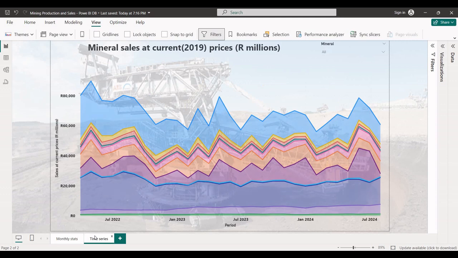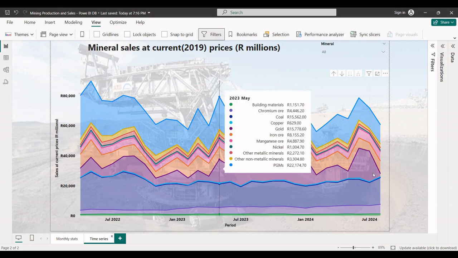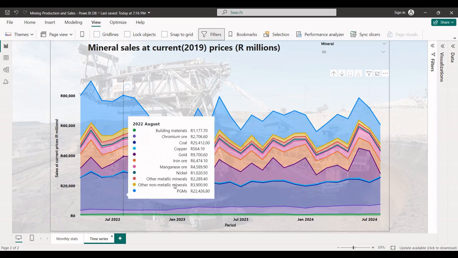Going on to the next report, we have a stacked line graph depicting the current sales over time.